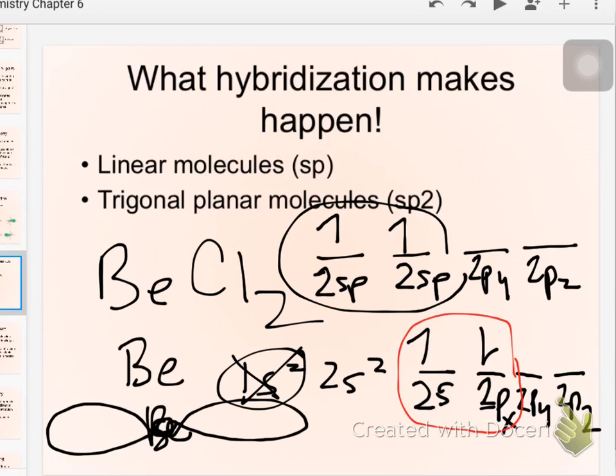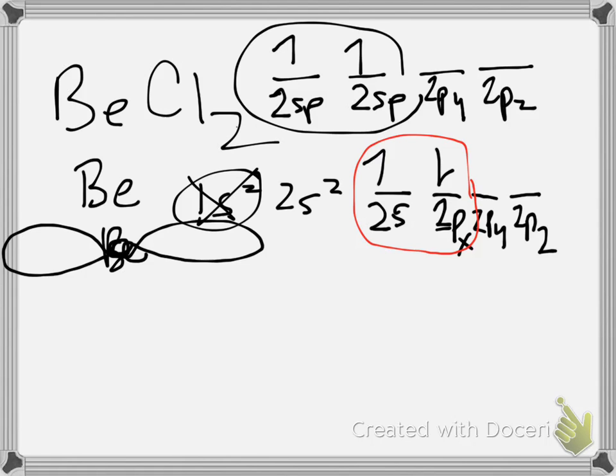Yes, ma'am. What would the math equation be? The math equation for the hybridization? Here, let me copy this over to a clean slide. So here you have an s orbital plus a p orbital equals an sp orbital.